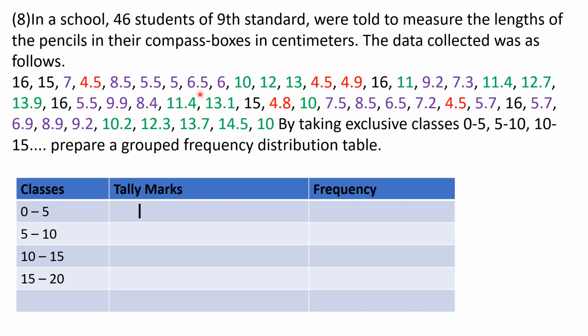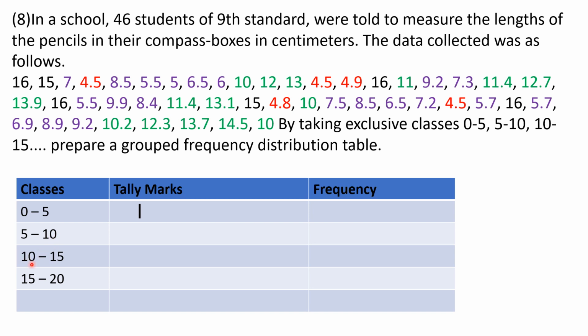See, as the data is given in decimal points also, here in this class we'll do the tally marks for data till 4.9, and in the next class we'll take 5 to 9.9. 10 will not be included in this. 10 will be included in the third class, because when a continuous class is given and a number like 10 is repeated, you'll take it in the lower class limit, not in the upper class limit.